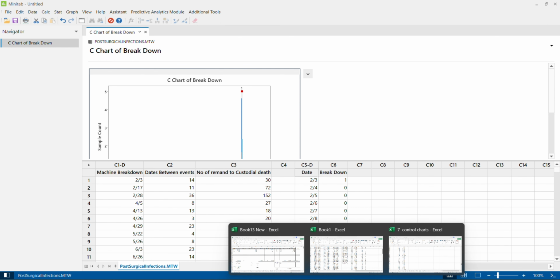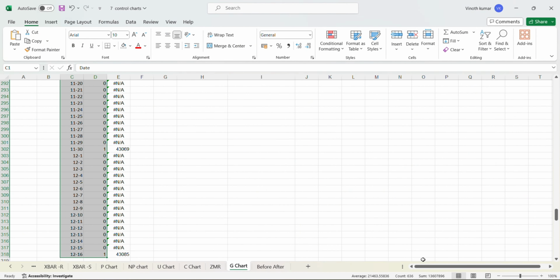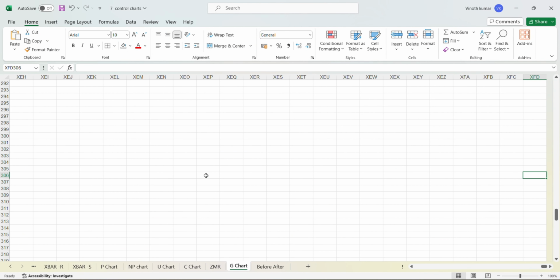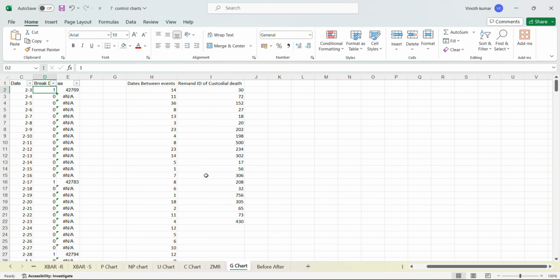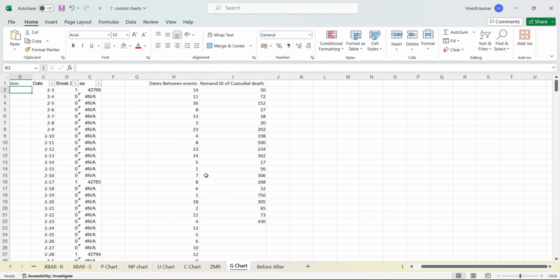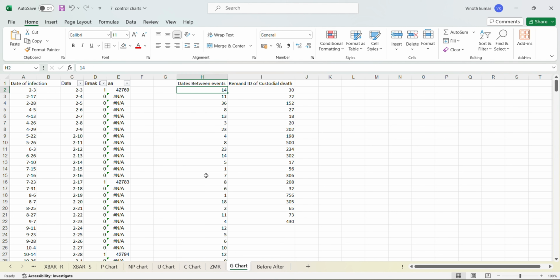Now for a minute, let me take you to the Excel file where I am maintaining this particular data. I have converted this data, which is on a daily basis. If the event occurs, then we call that particular day a day where there is a ticket.